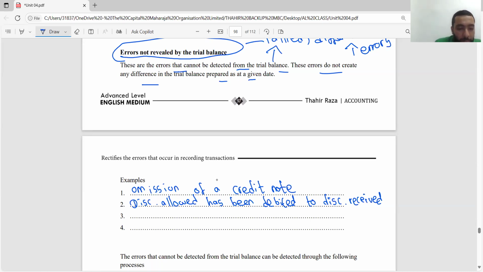Number three: overstatement of total sales journal.